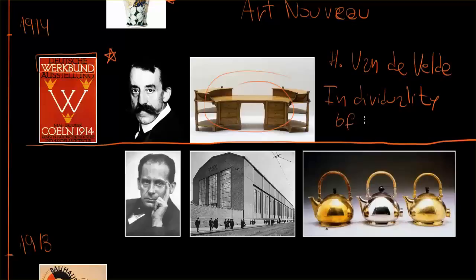And that means, for industrial designers, using industrially produced objects as a means of expression for artists. So they would defend their own view of the world through the world of objects.